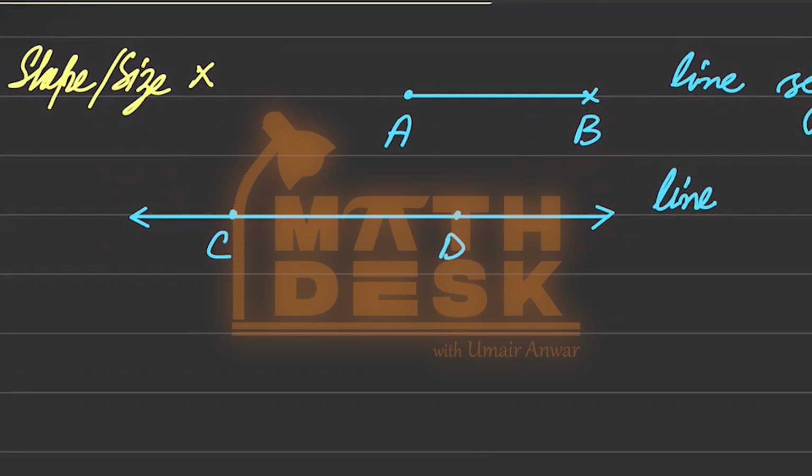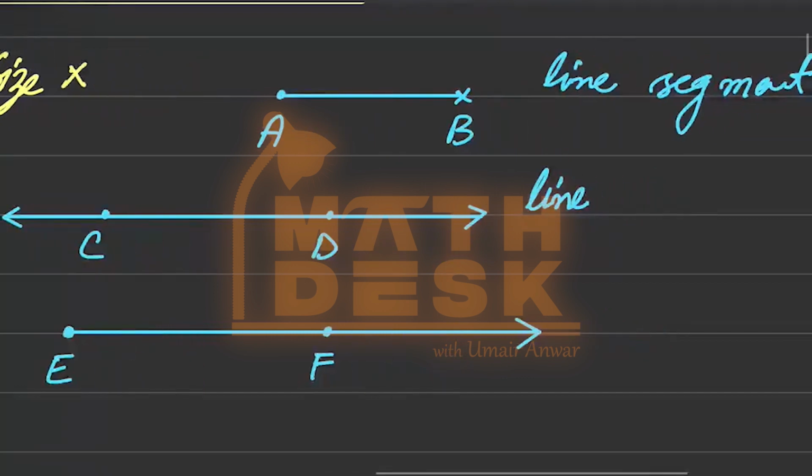Sometimes we have one particular point of a line, and from the other side, the line keeps extending. The line is terminated at E, but it is extending itself from the side of F. So in this case, this is called a ray.